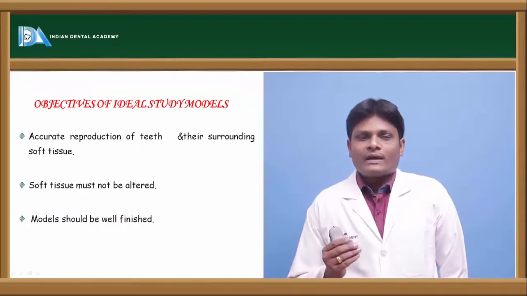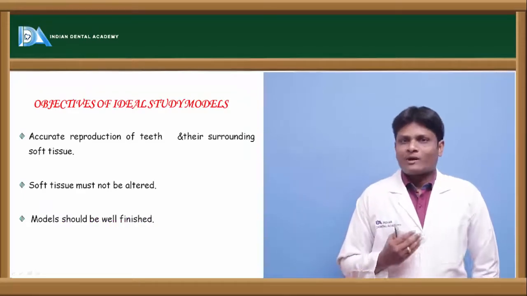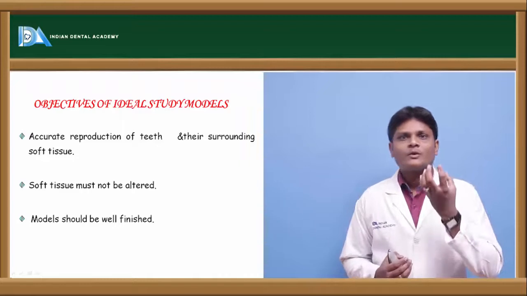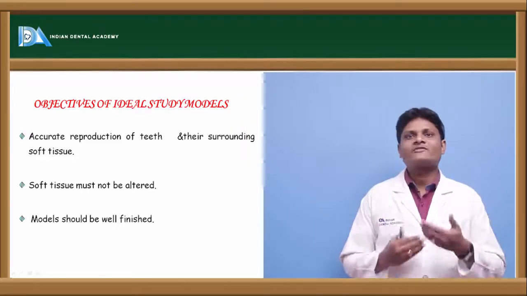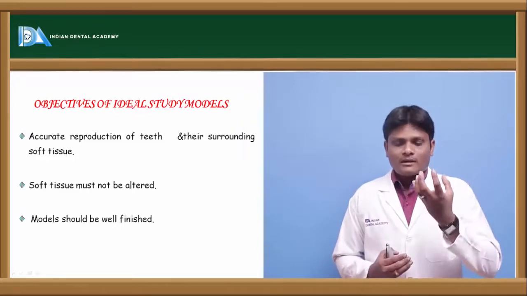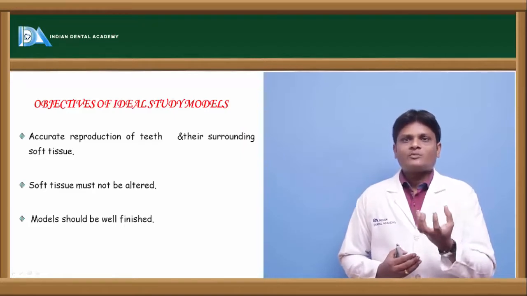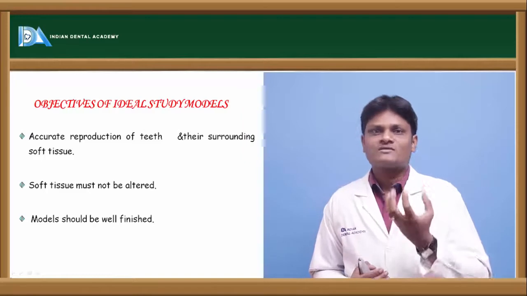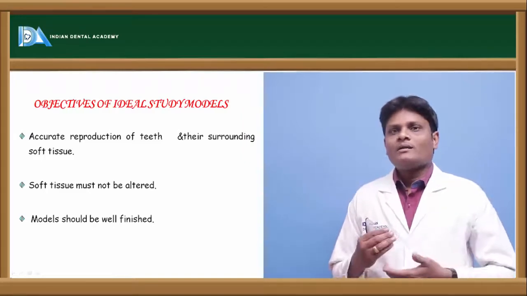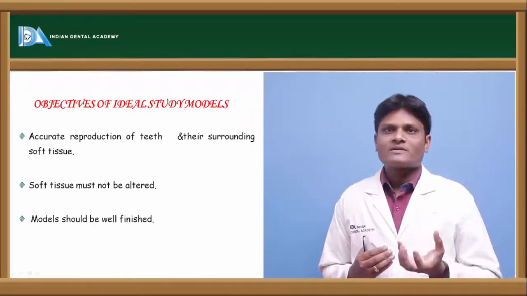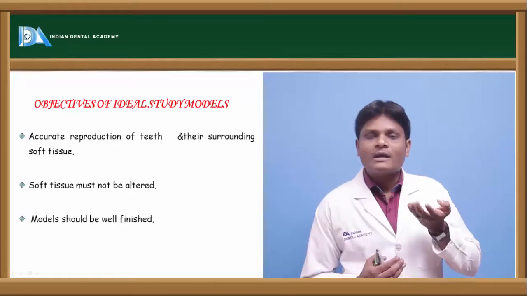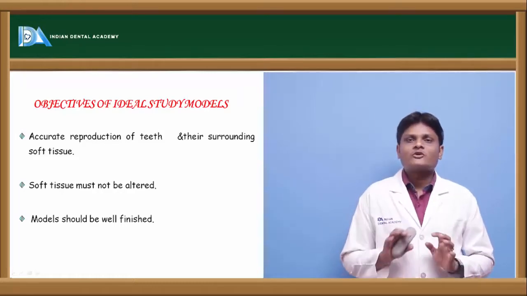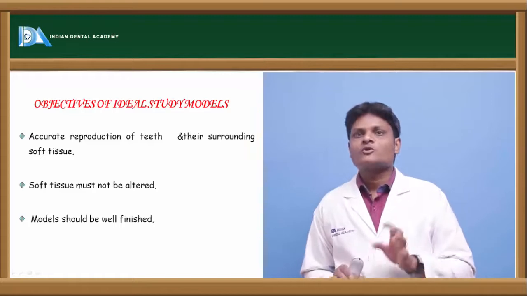Now, when we are planning to do a model analysis, we have to obtain a good study model. What are the ideal requisites of this study model? The study model should be an exact replication of the dentition and its supporting structures. While securing the models from the patient, that is, while taking the impression and while pouring the cast, there should not be any distortion of the soft tissues.